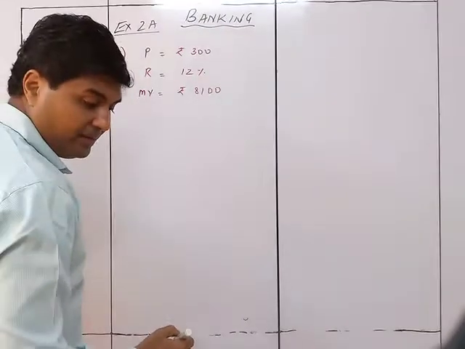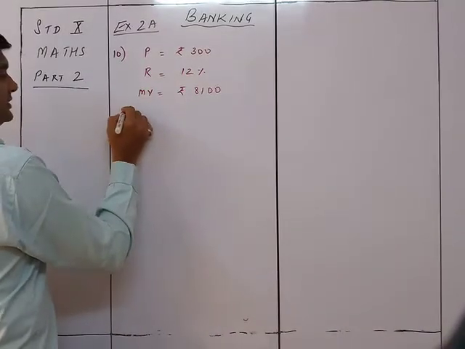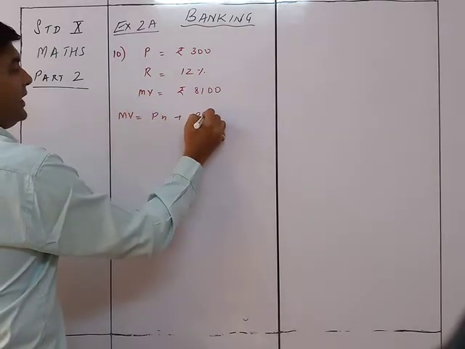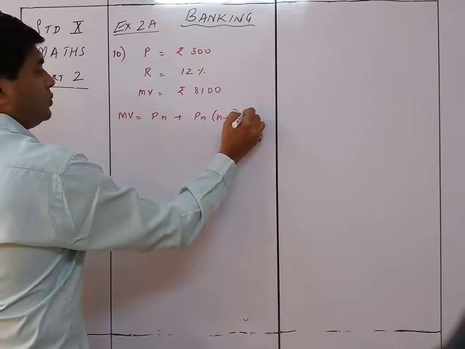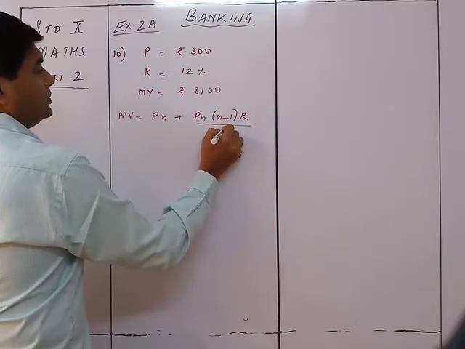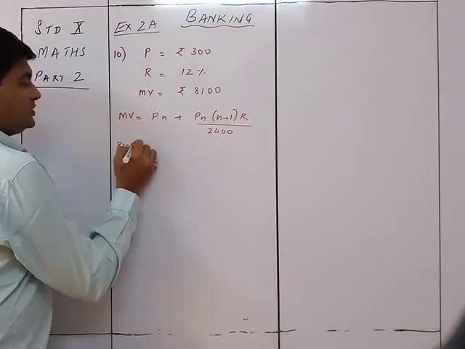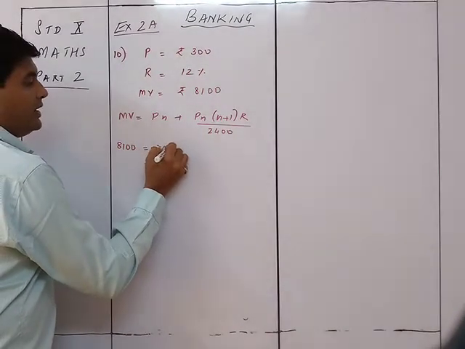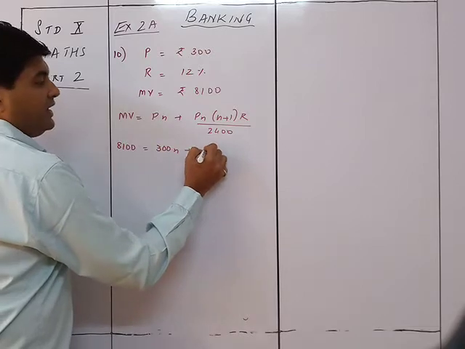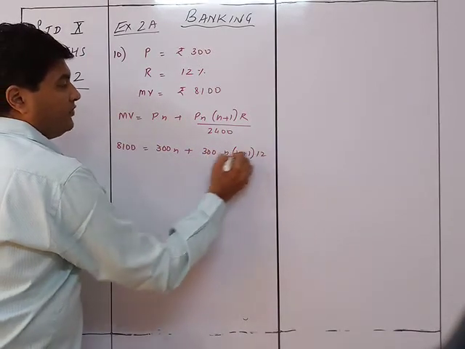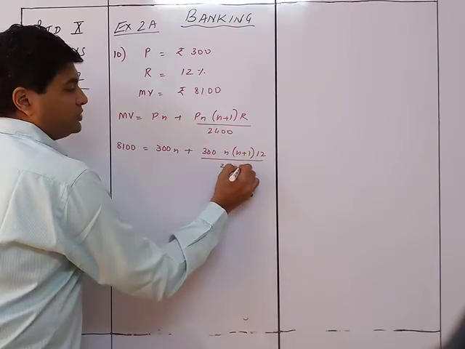We have to find the time in years. So first, MV is equals to P n plus P n (n plus 1) into R upon 2400. So 8100 is equals to 300n plus 300n into (n plus 1) into 12 upon 2400.